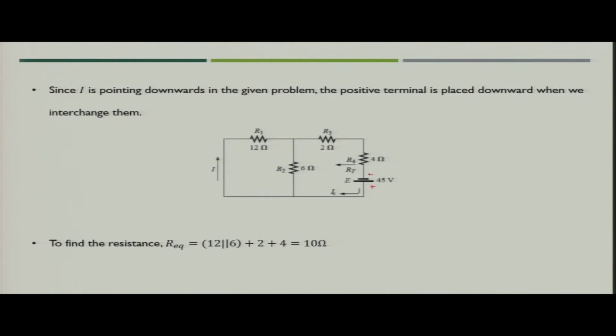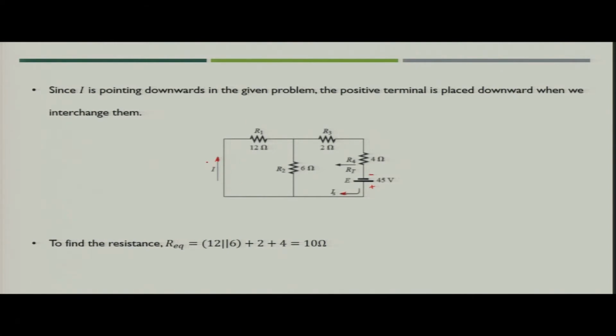So, the negative sign is on the top, plus sign would be on the bottom, and Is current would be flowing in this direction, which is same as the direction of I was in the previous figure, and the location where the voltage source was connected, we have short circuited, and we assume that the current I, which is same as it was in the previous case, is flowing in the short circuit leg segment of the circuit.